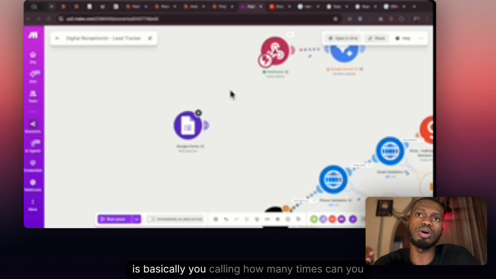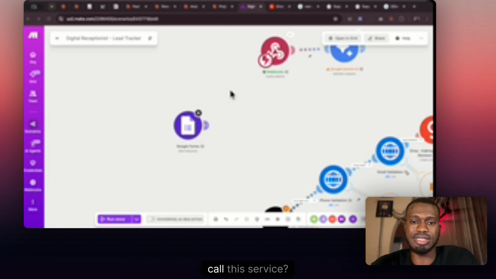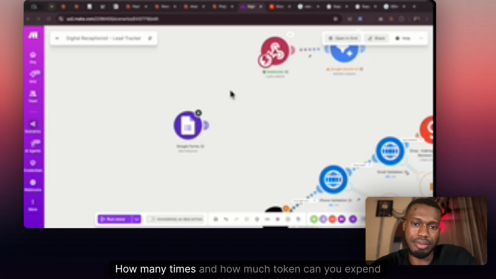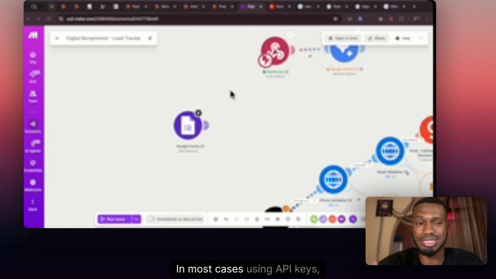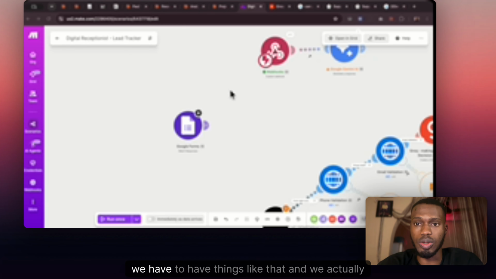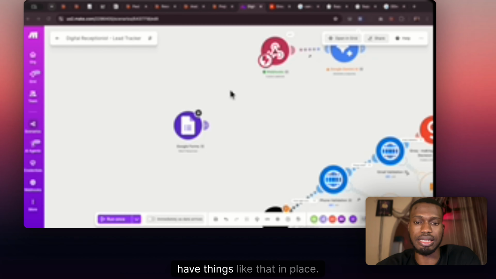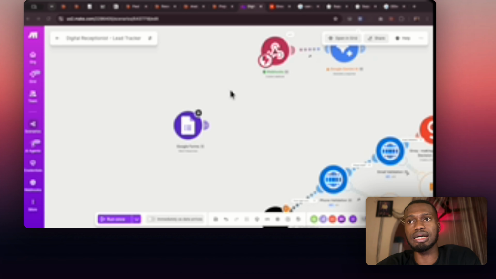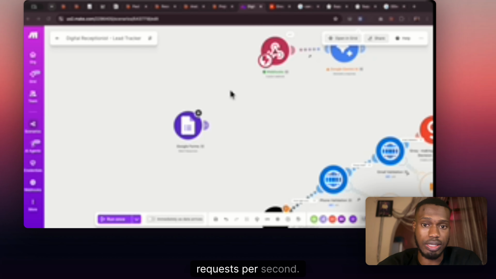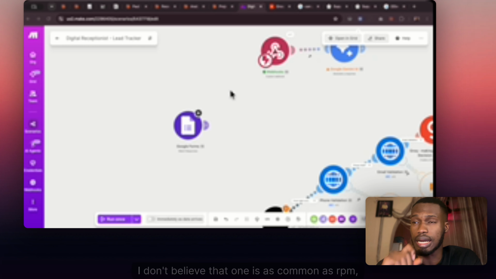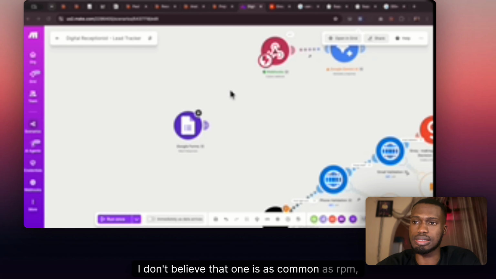It's basically how many times you can call this service, and how many tokens you can expend from this service. In most cases, using API keys, we have things like that in place. The other one is RPS, that is request per second, though I don't believe that one is as common as RPM.